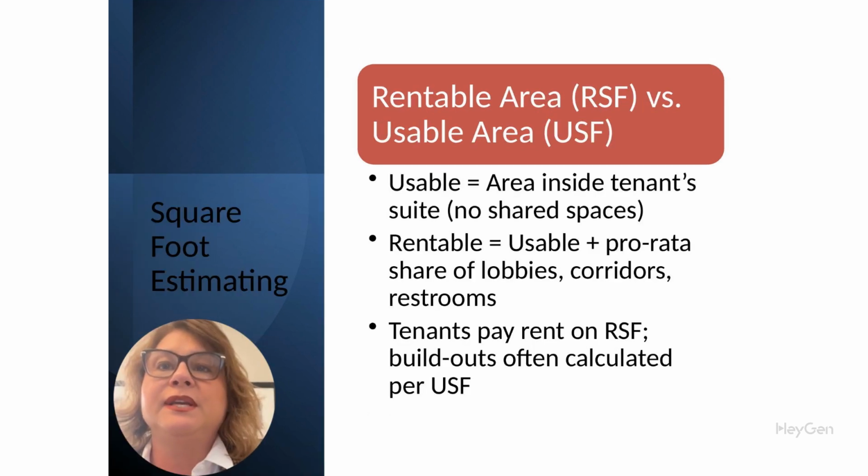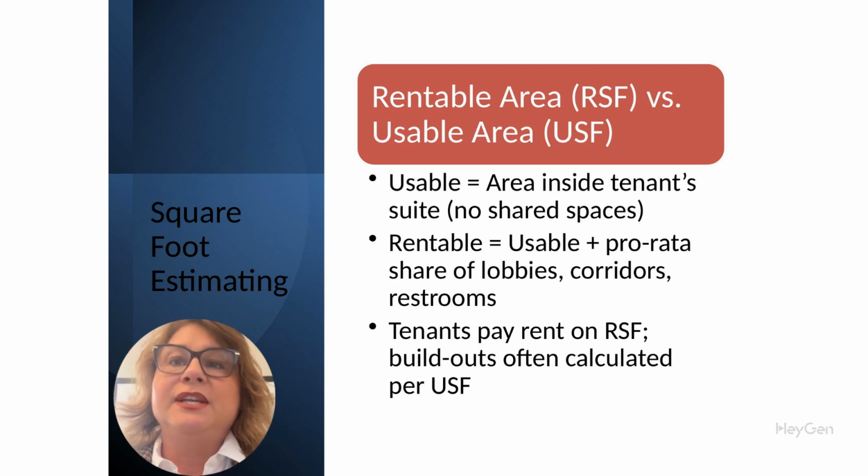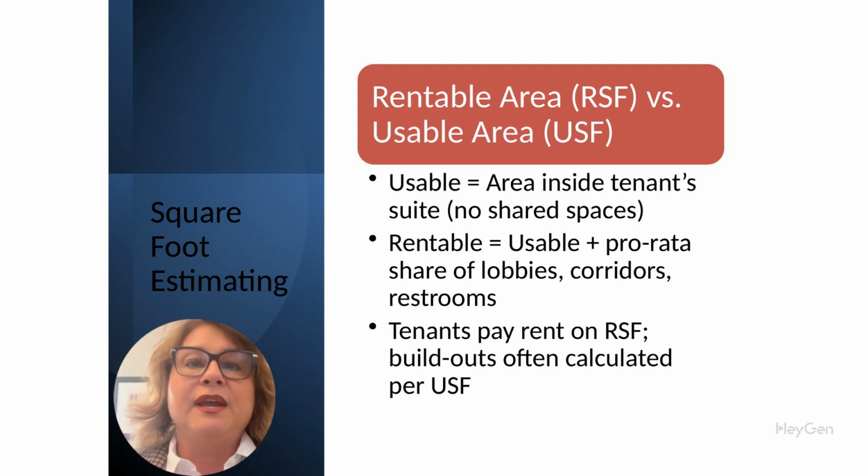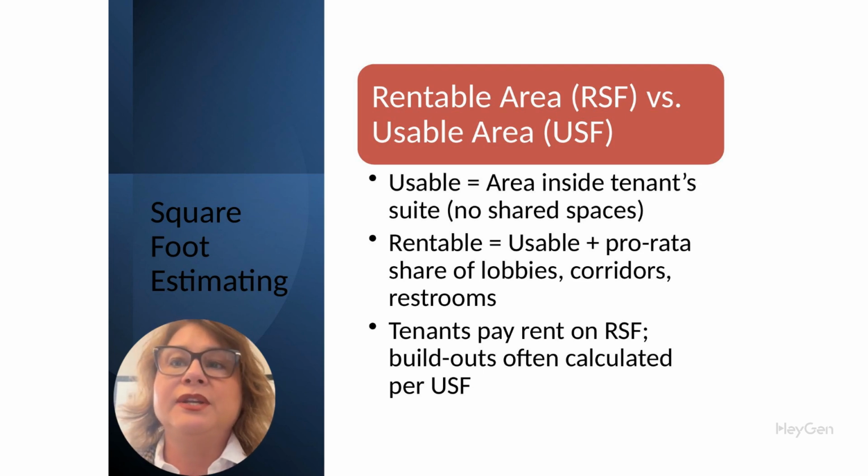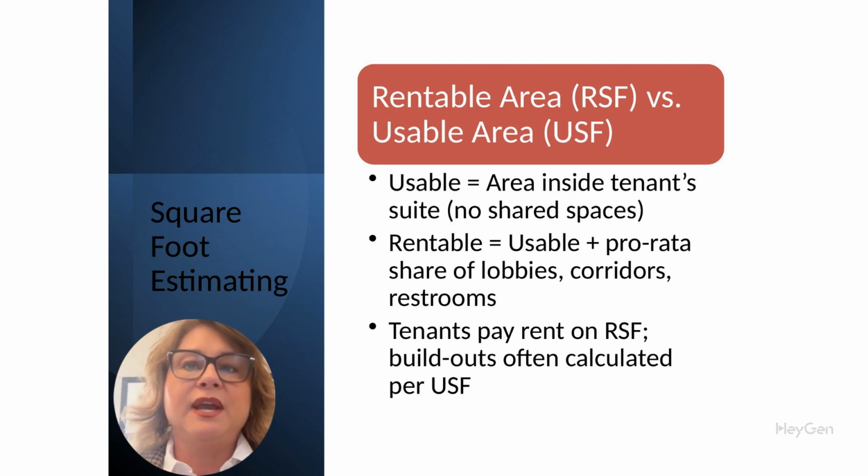Now let's shift gears slightly from gross versus net to rentable versus usable, which is more commonly used in commercial real estate. This is especially important if you're estimating tenant fit-outs, shell and core projects, or mixed-use buildings. Let's define each. Usable square feet, USF, is the actual area the tenant occupies. It's what's inside their suite: offices, open work areas, conference rooms.